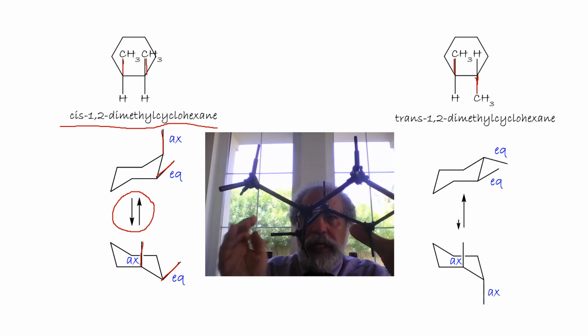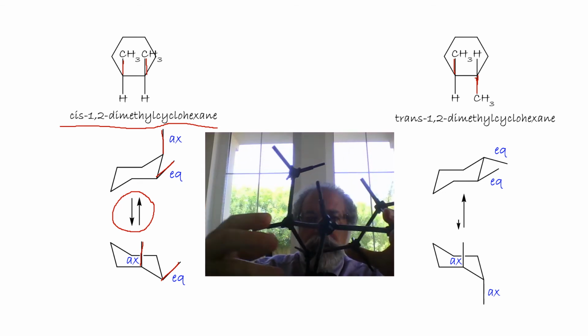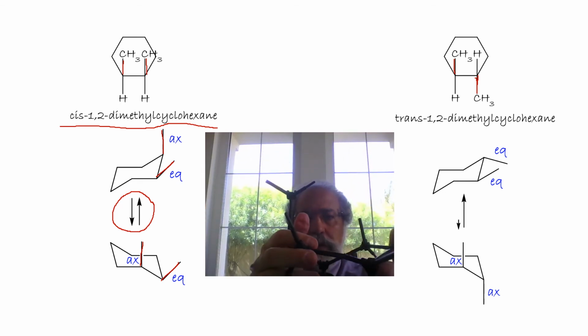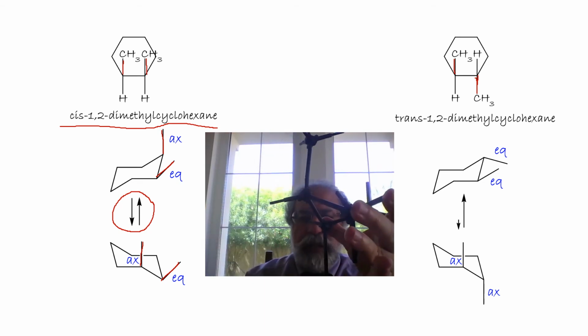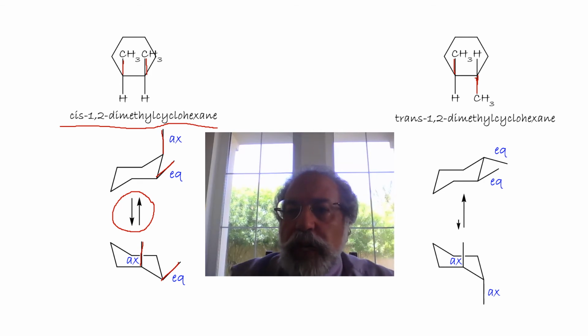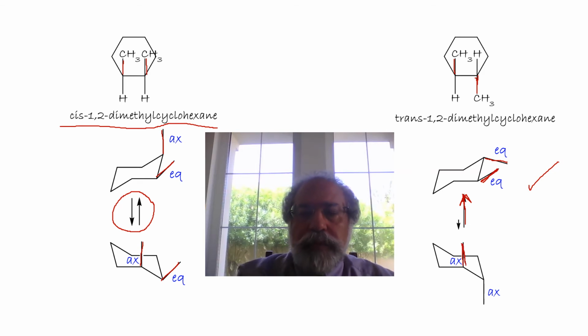Flip, and they became axial, axial. Equatorial, equatorial has less torsional strain and will be more stable, and the equilibrium will be shifted toward equatorial, equatorial. Axial, axial will be less stable.